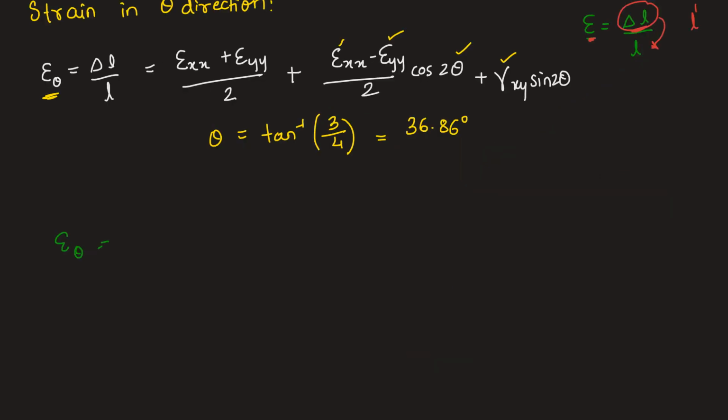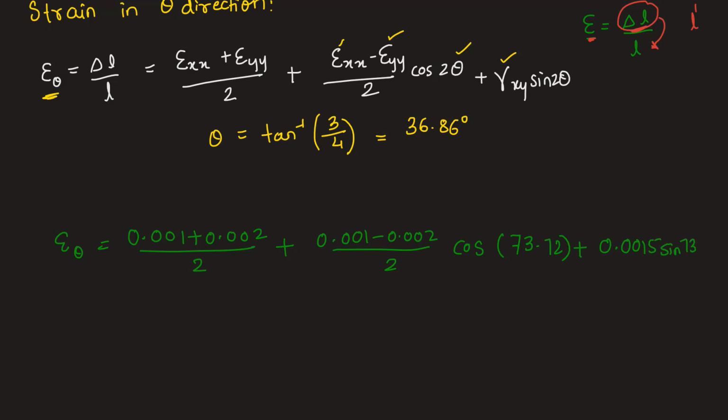So we have epsilon theta equal to (0.001 plus 0.002) divided by 2, plus (0.001 minus 0.002) divided by 2 times cos of 2 times 36.86, which is 73.72, plus gamma xy by 2, which is 0.0015, times sine 73.72. This first term turns out to be 0.0015.